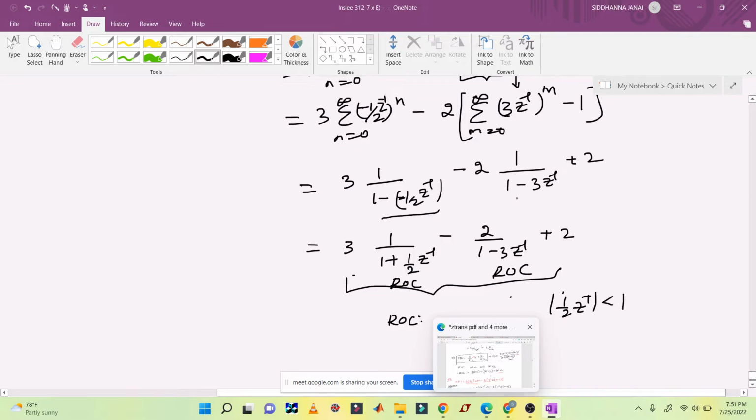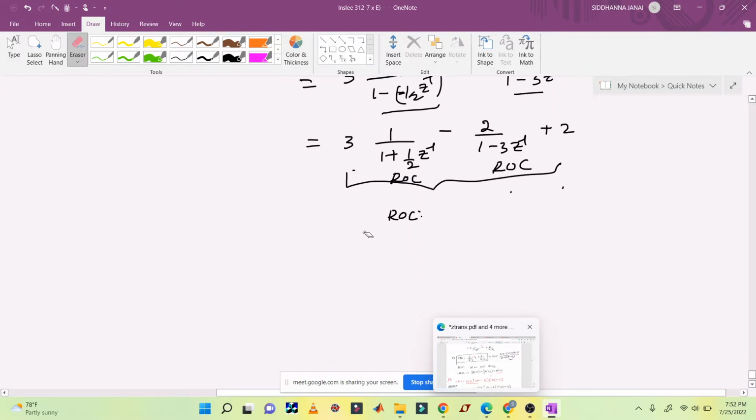For this, magnitude of 3 z inverse less than 1. So that means 1 by 2 z inverse, sorry, let me finish this ROC part, then we will be clear with the concept. Here magnitude is there.